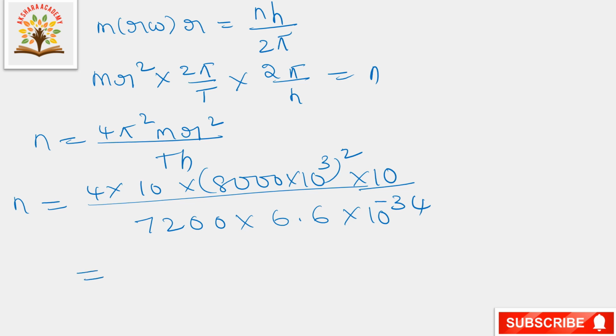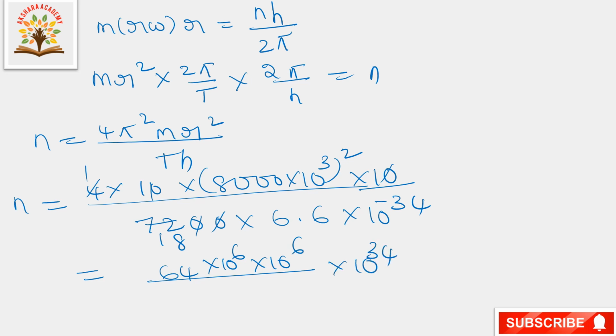So now zeros get canceled, 64 into 8 square, 64 into 10 to the power of 6 into 10 to the power of 6 into 10 to the power of minus 34 becomes 10 to the power of plus 34. Here 18 into 6.6, n is equal to, again 2 nines are 18, 2 32s.